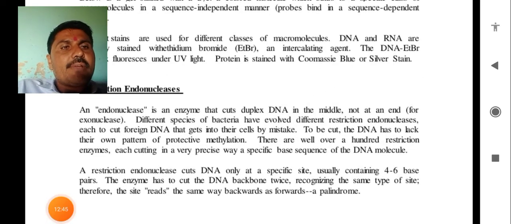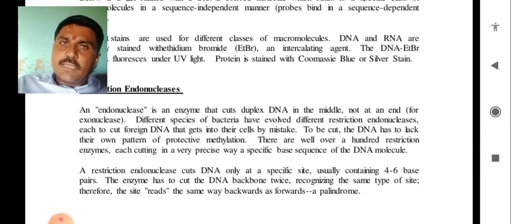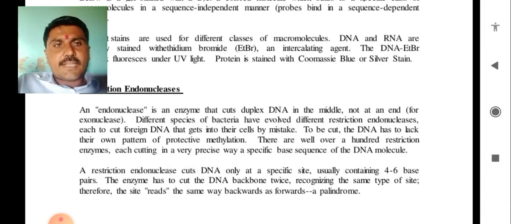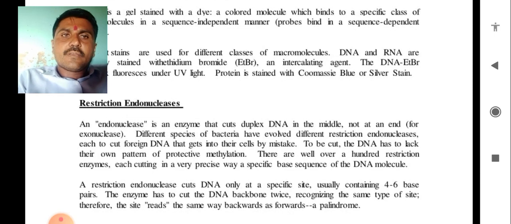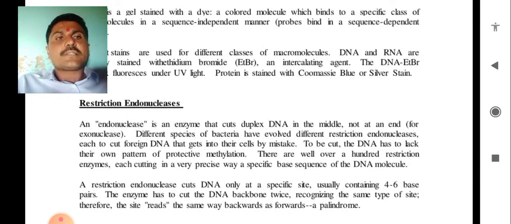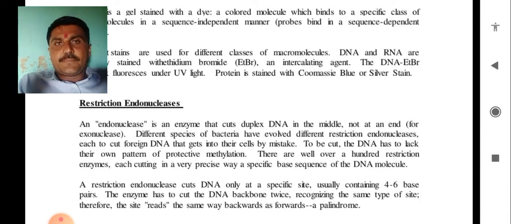We repeat this restriction endonuclease because in these biotechnological techniques it plays a very important role in cutting the DNA or the plasmids at a specific site. A restriction endonuclease cuts the DNA only at a specific site, at the targeted site containing 4 to 6 base pairs.